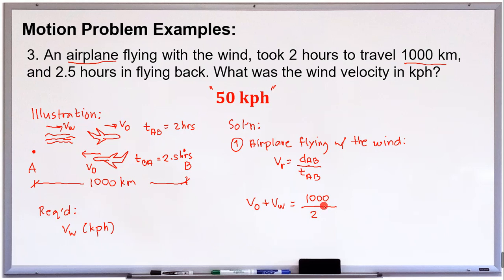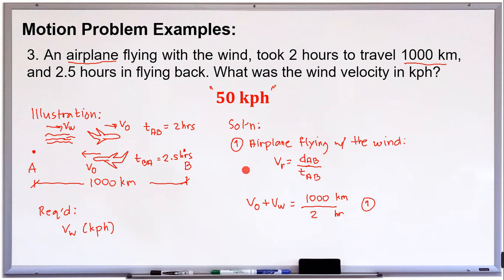If we do unit analysis, the numerator is in kilometers, the denominator is in hours, so it is expected that the velocity on the left is in kilometers per hour. Take note, V sub O and V sub W are unknown variables. So this is our equation 1.